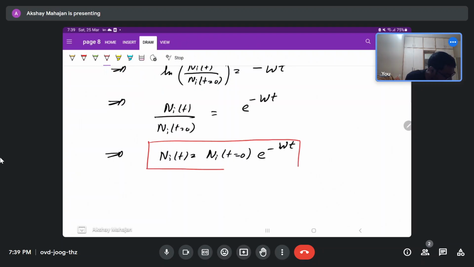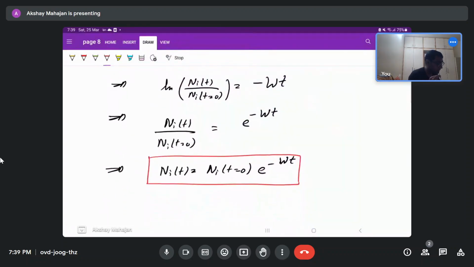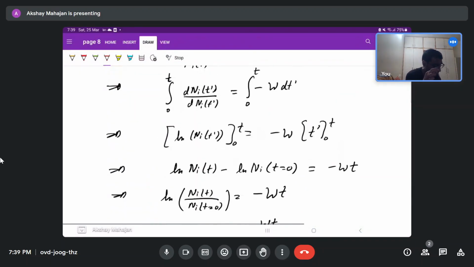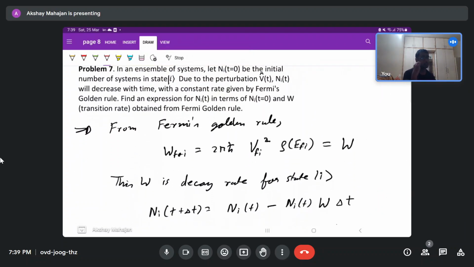So here we just have to find an expression of Ni(t) in terms of Ni at t equals 0 and the transition rate. So that is the answer: Ni(0) e to the power minus Wt, and this W we can find if the details are given, as we found in the previous question.